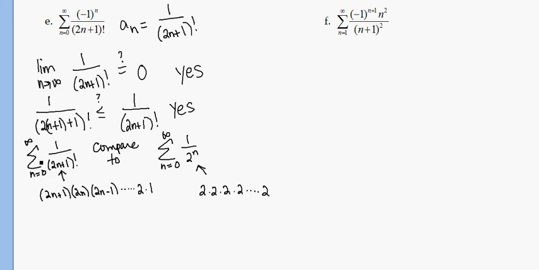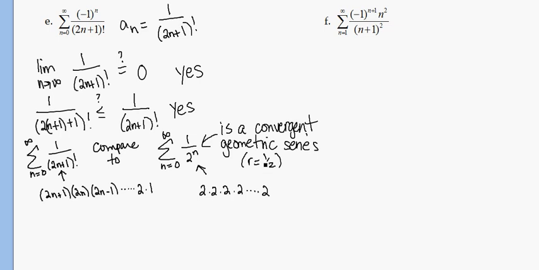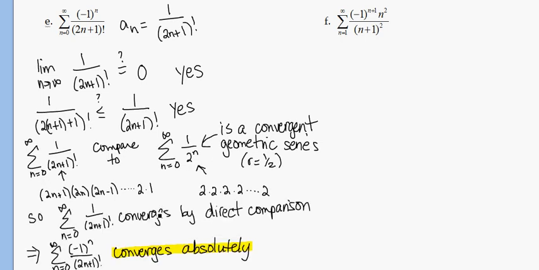So since this one has denominators that are larger, it's going to be always smaller. Now this series here is a convergent geometric series since r is 1/2. So we have terms that are always smaller than a convergent geometric series, so this series converges. This tells us that our original alternating series converges absolutely.